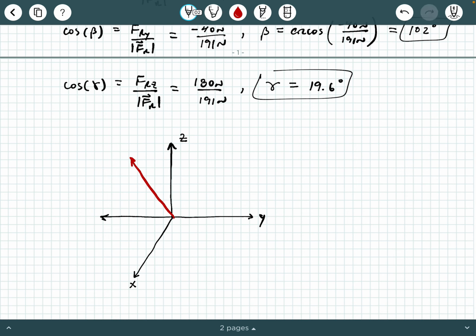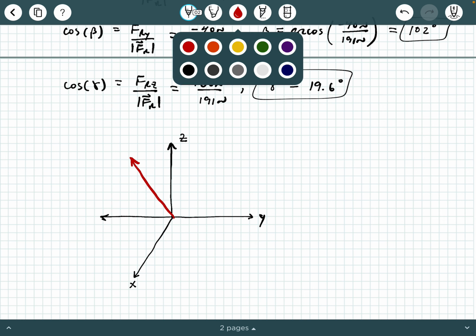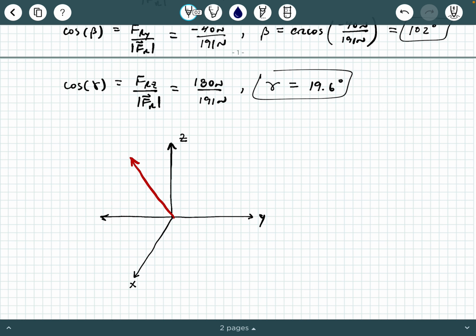Okay, just like that. And if we were to imagine this with some projection lines, then this would be projected down here, and we'll have this here, and then this is going to be projected over to the z-axis.